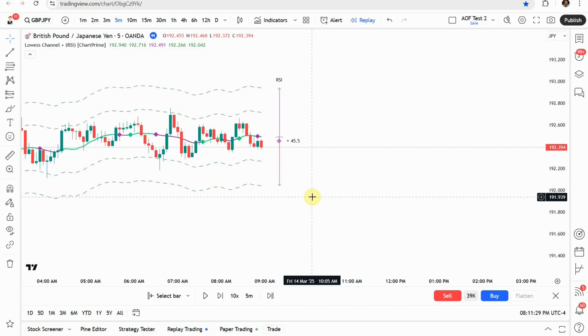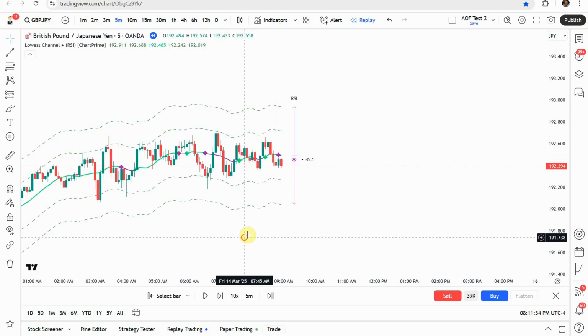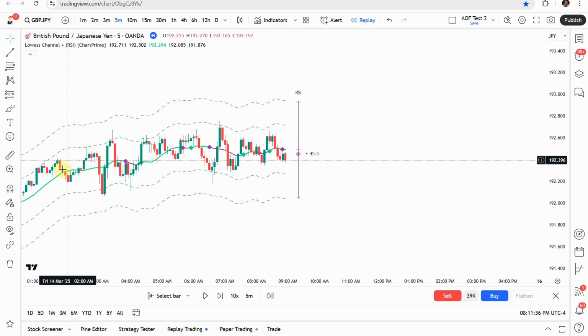And so the source video basically explained how they had created this lowest indicator, or this lowest moving average line, and how it is an advanced moving average that helps to really identify the exact turning points in the price action or in the market.